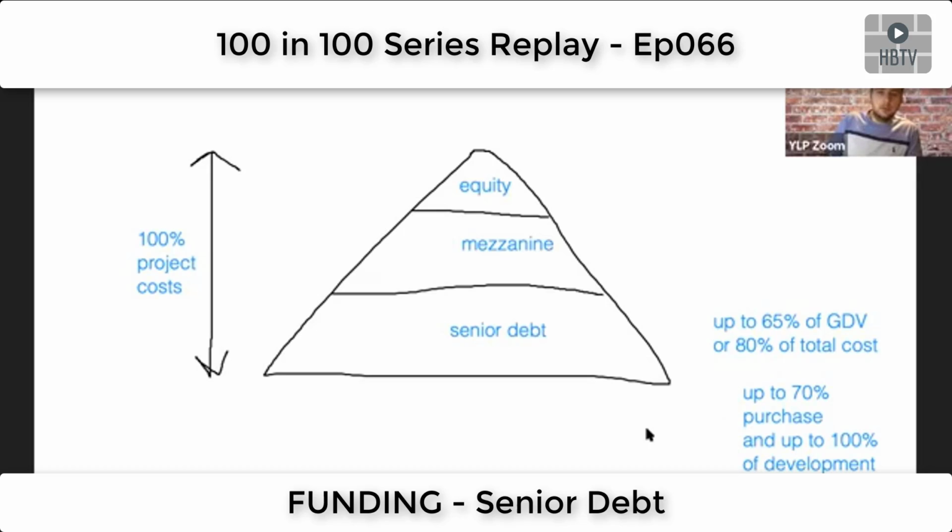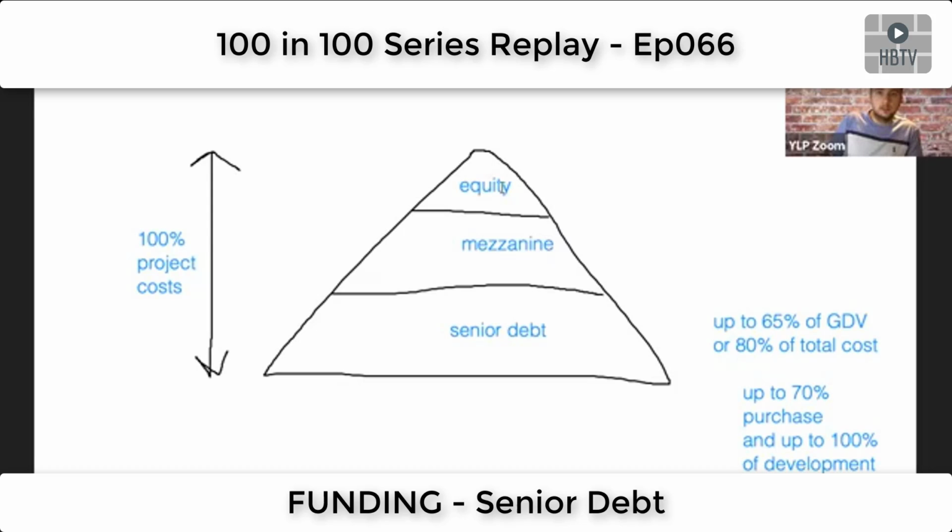So an example might be, when structuring your finance package, if you're going to potentially use your equity or your investors' equity to purchase the land, then you're potentially using senior debt as 100% of the development costs.